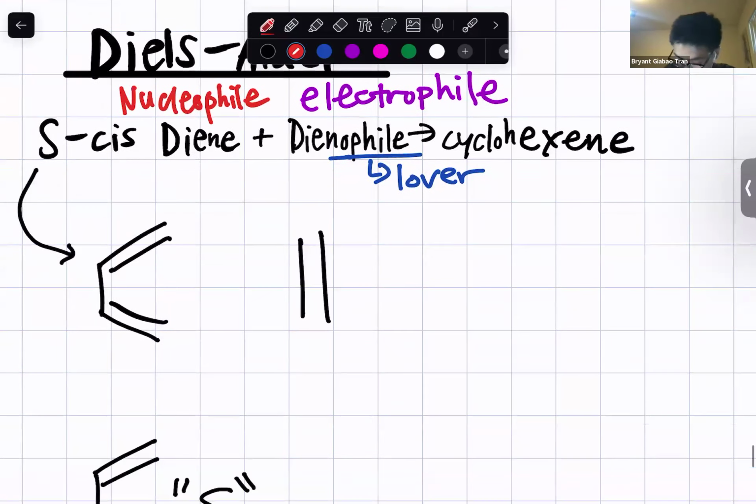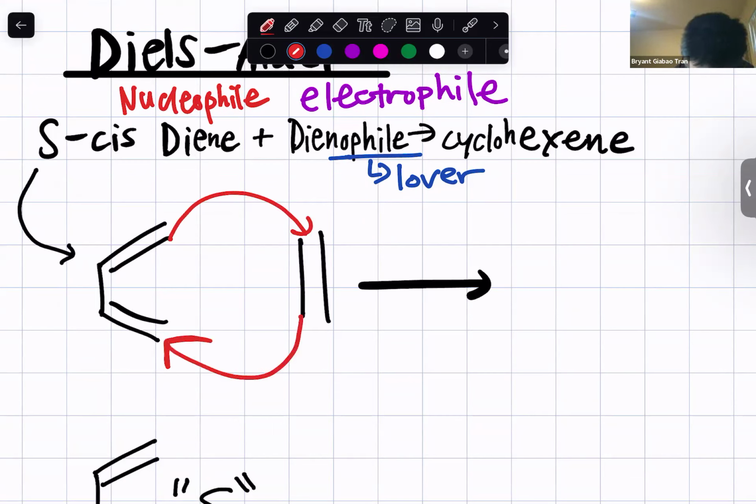Okay, this is going to be a little weird, but this double bond here is going to attack that dienophile. One of the double bonds here is going to attack that carbon, and that double bond is going to make a double bond right there. I'm going to number this 1, 2, 3, 4, 5, 6.